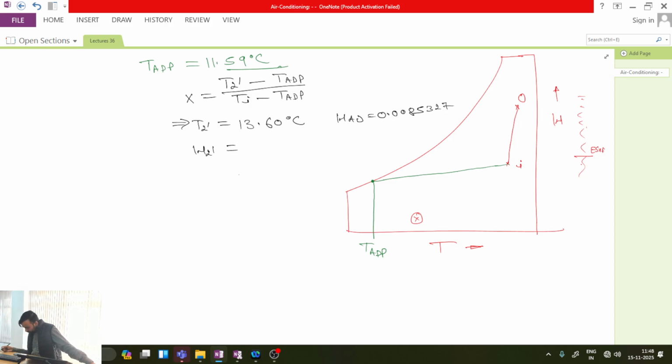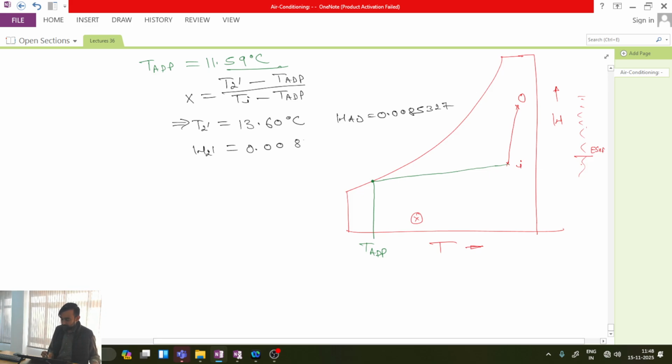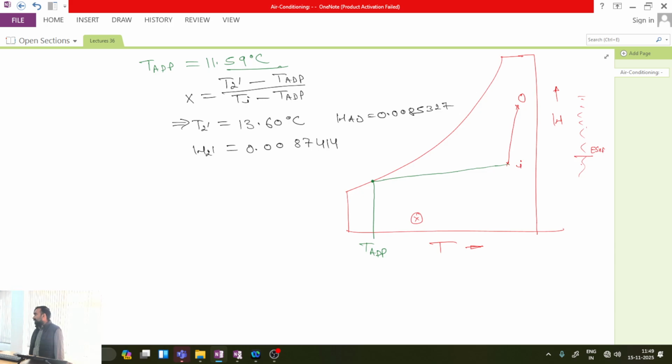It comes out to be 0.0087414. Okay. Are you able to follow on the diagram?